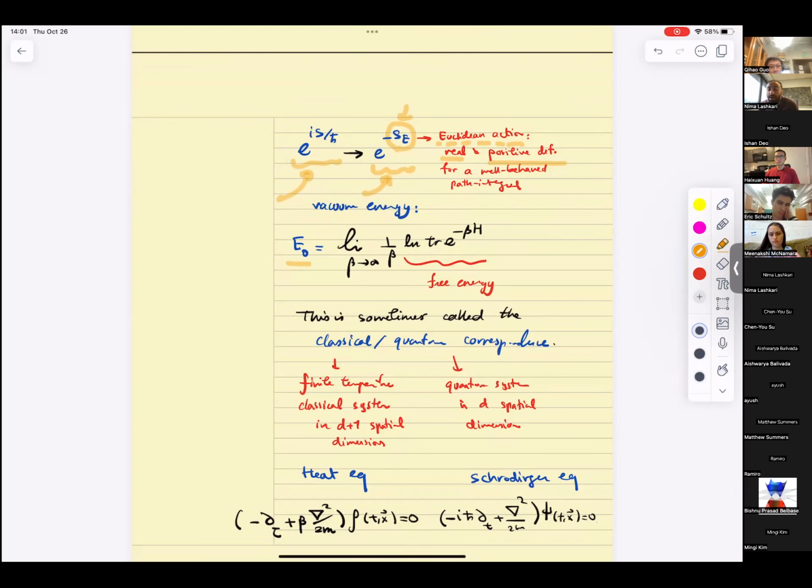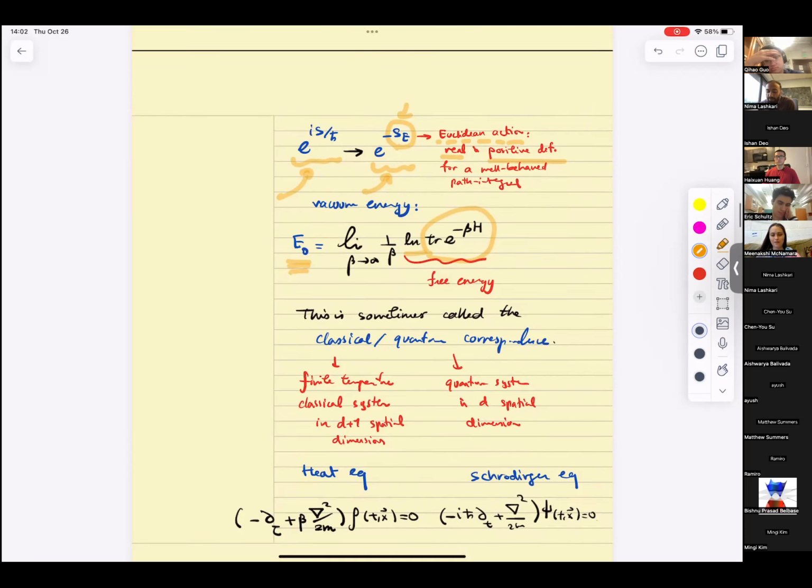Using path integrals, you could calculate the partition function. If you calculate the log of it, the log of the partition function has a name. It's called free energy, right? 1 over beta of that will give you the vacuum energy. You're using path integrals in classical field theory.